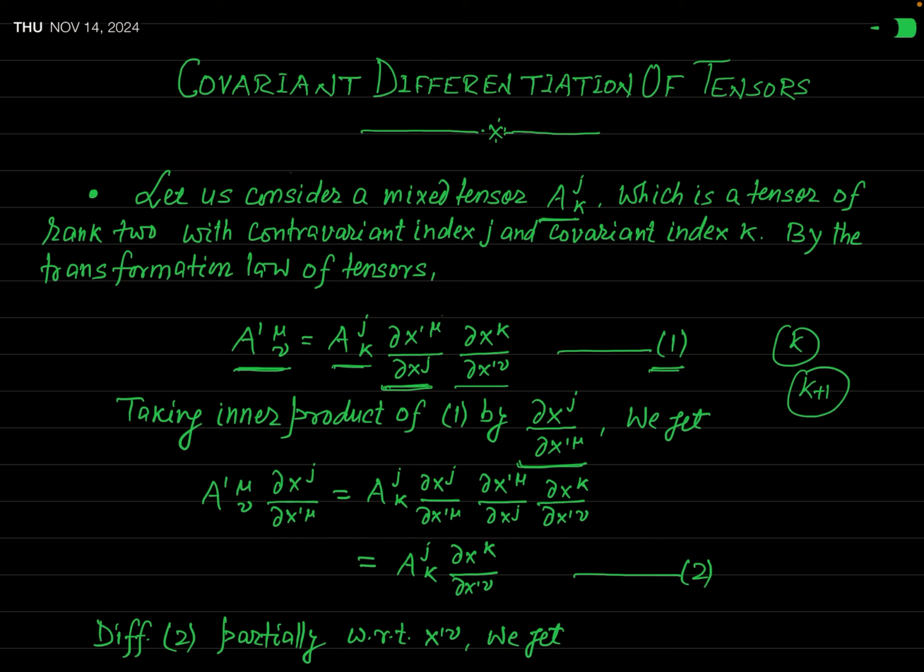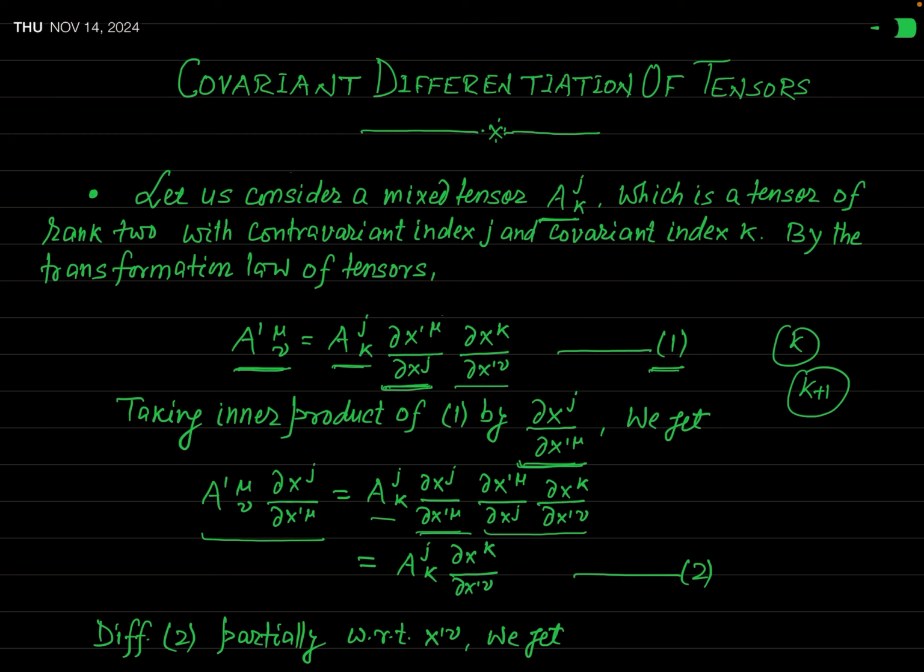So you can see after taking the inner product by this partial derivative, our LHS will become like this. This is A'^mu_nu times del x^j by del x'^mu, and that will be equal to A^j_k at each, and del x^j by del x'^mu, we are going to take the inner product by this partial derivative, and the remaining factor is at each. But now you can see the product of the first two partial derivatives, that is del x^j by del x'^mu and del x'^mu by del x^j, actually this product will be equal to 1.